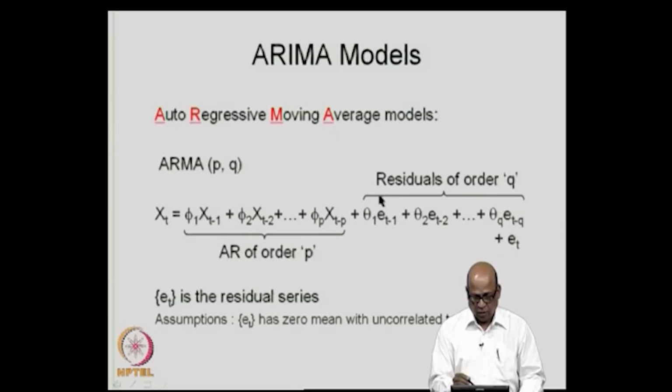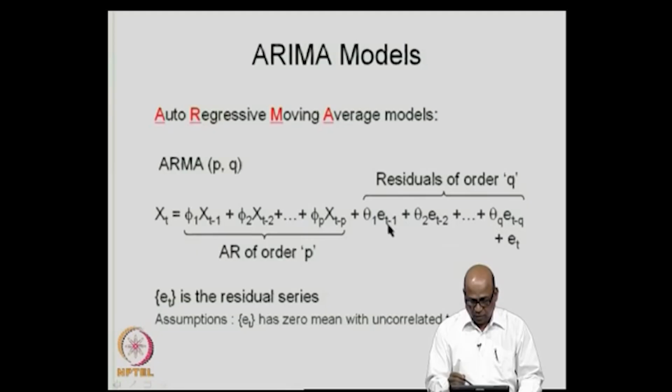So, you have q number of moving average parameters theta 1, theta 2 etcetera up to theta q, and you have p number of autoregressive parameters phi 1, phi 2 etcetera phi p, plus the noise term or the residual term E t.